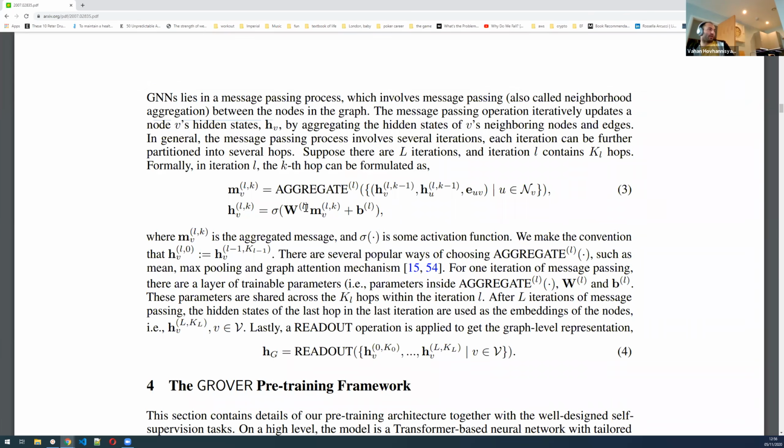Let's see. I think it doesn't matter, because, no, the dimension of W depends on the dimension of features, right? If you multiply the matrices, am I getting this right? So it's because you will have to adjust the other dimension.